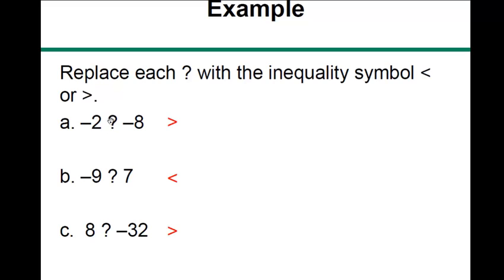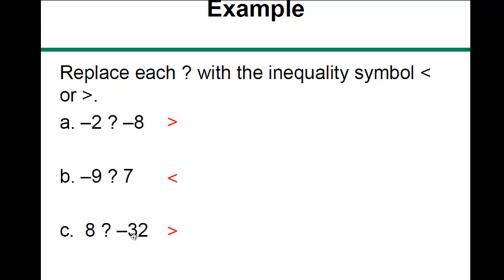-2 is actually greater than -8. If you think about it on the number line, -2 would be farther right on our number line than -8. -9 is less than 7. I would definitely want to have $7 rather than be in the hole $9.